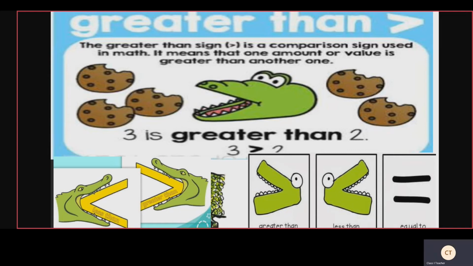And the other one is the equal to sign, children. Next one, children.